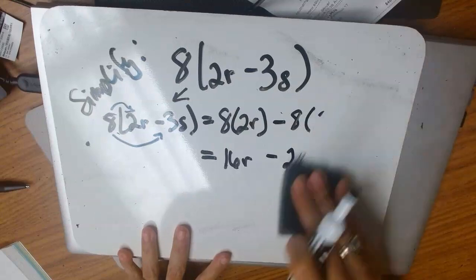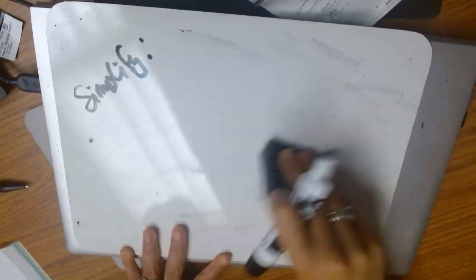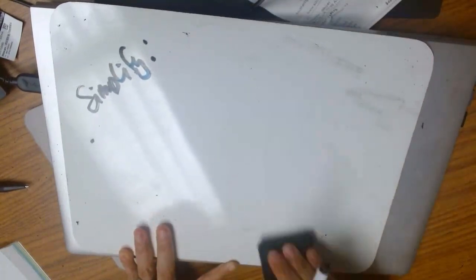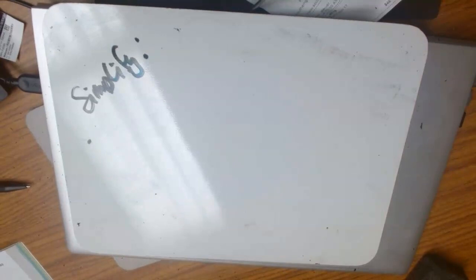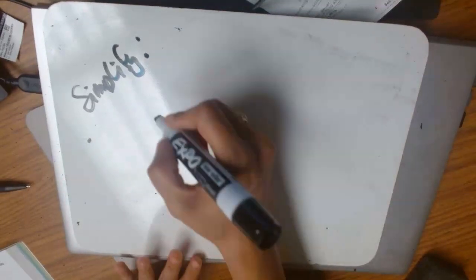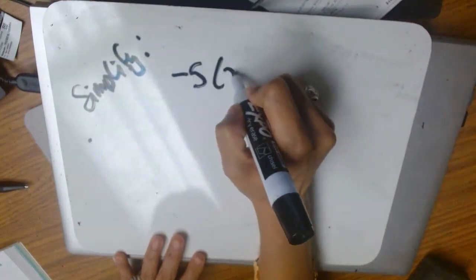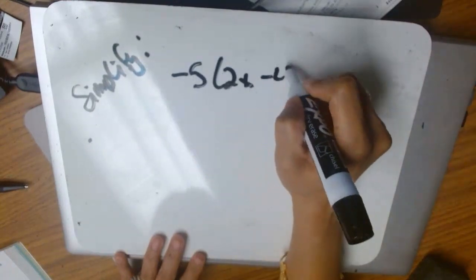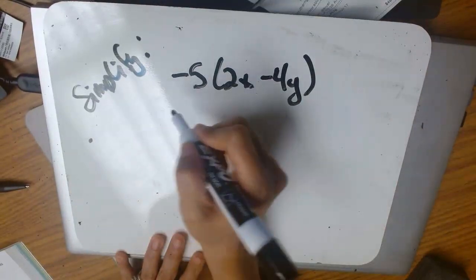Okay, here's another problem. Now we're going to simplify. Negative 5 times 2x minus 4y. And we're going to rewrite it.